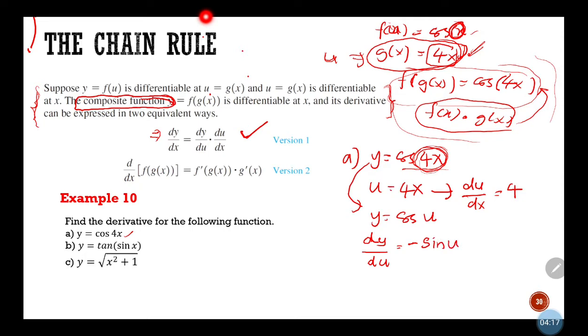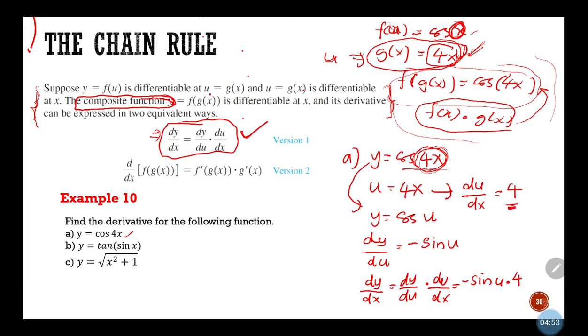So according to this, dy over dx is equals to dy over du times du over dx. So kat sini kita akan dapat dy over dx is equals to negative sin u darab dengan du over dx, which is 4.